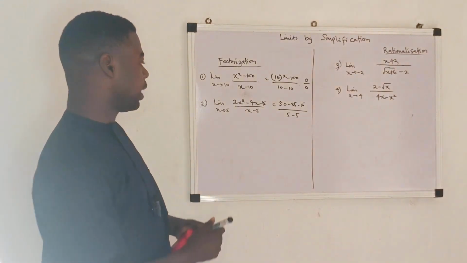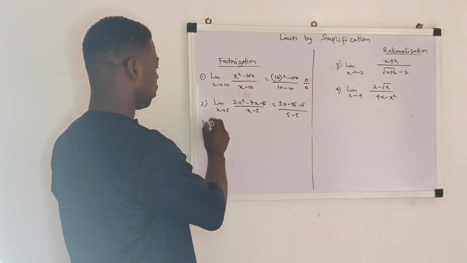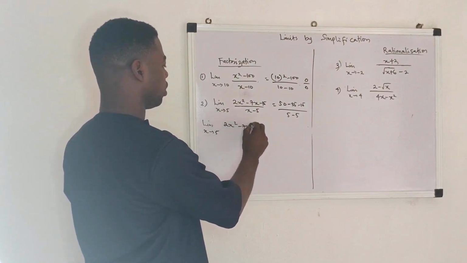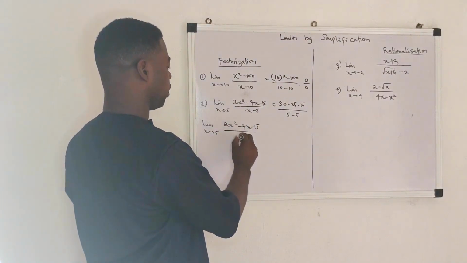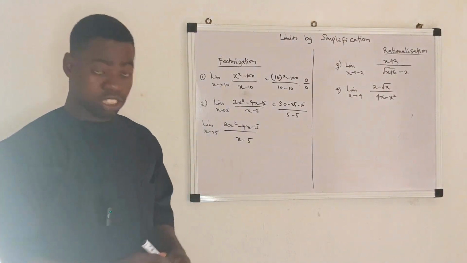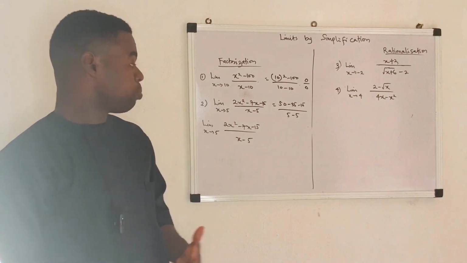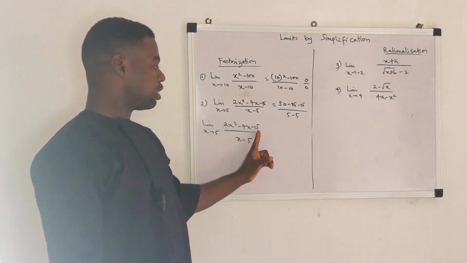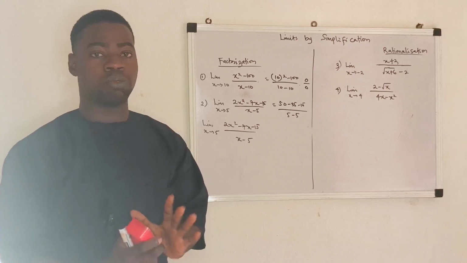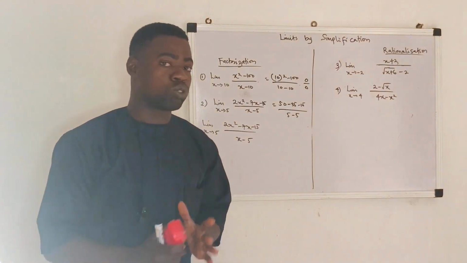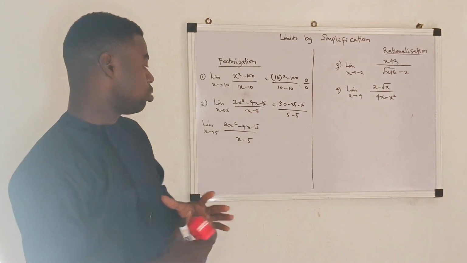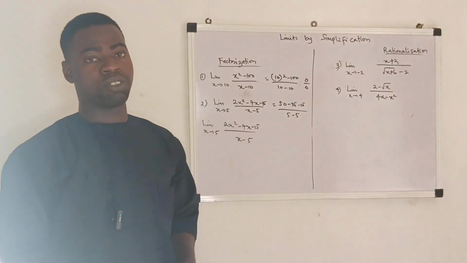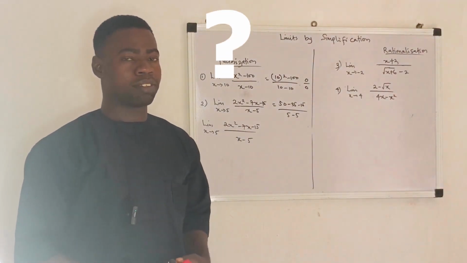Let's go through it together. The limit as x approaches 5 of 2x squared minus 7x minus 15 over x minus 5. Let's see if we can factorize this. 2 times minus 15 gives us minus 30. Now we look for two numbers that multiply to give minus 30 and add to give minus 7. What do you think those numbers are?